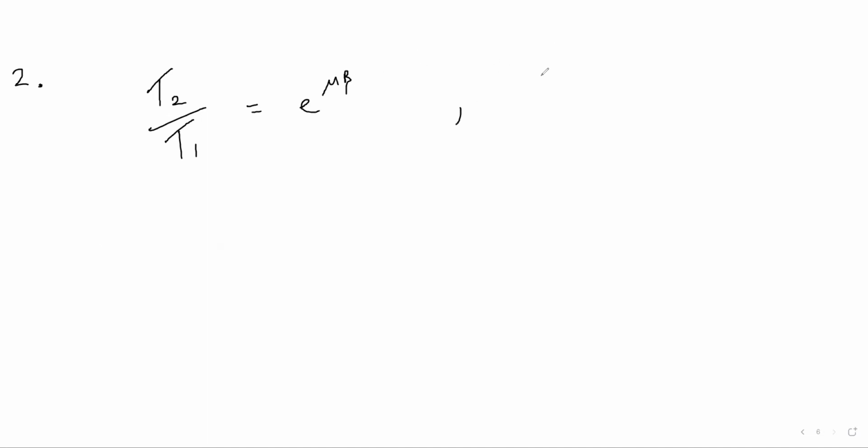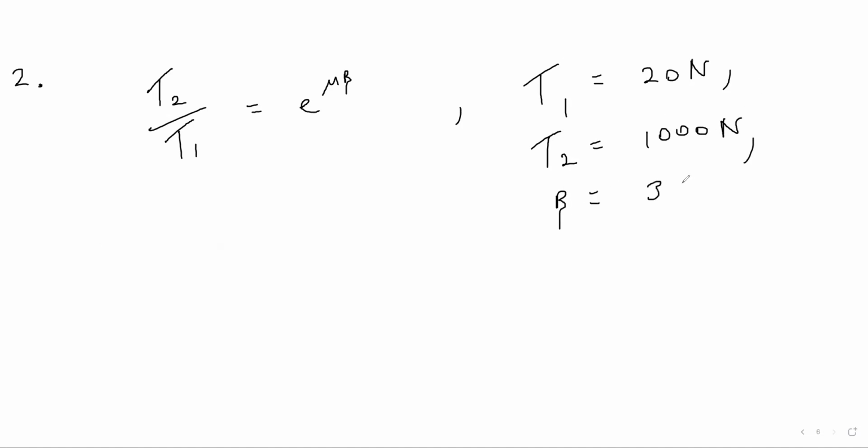Then they give us the following quantities. They say that T1 is equal to 20 newtons, T2 is equal to 1,000 newtons, and beta is equal to 3 radians.